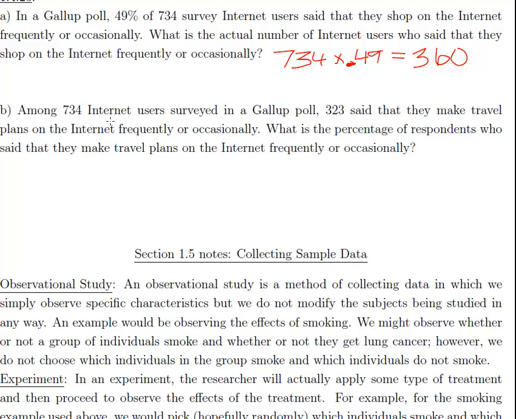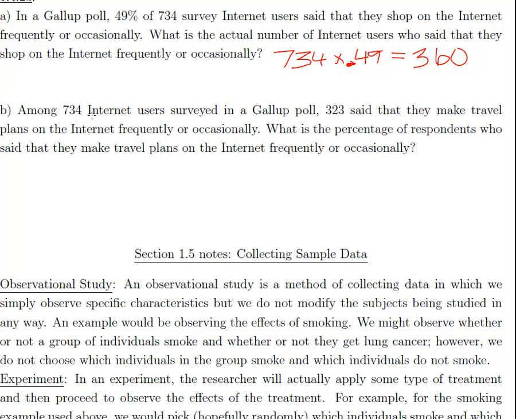Okay, and the last one. Out of 734 internet users, 323 said that they make travel plans on the internet. What is the percentage of respondents who said that they make travel plans on the internet? And so we would just figure out the proportion of people and then change that into a percent.